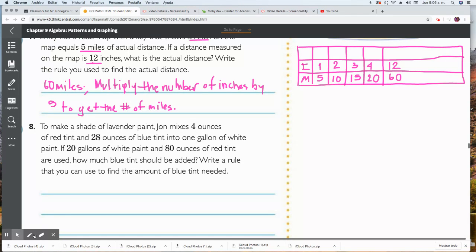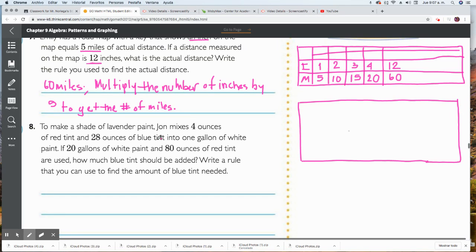Let's go ahead and start making the table here. For this table, I think that we are going to need the 3 lines that I used on the first one, but we didn't use this line right here on the top. Lavender paint, John mixes 4 ounces of red tint, 28 ounces of blue tint into 1 gallon of white paint.